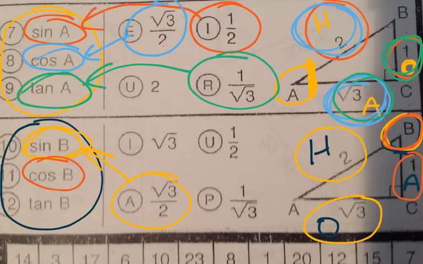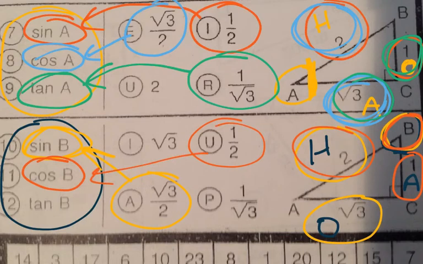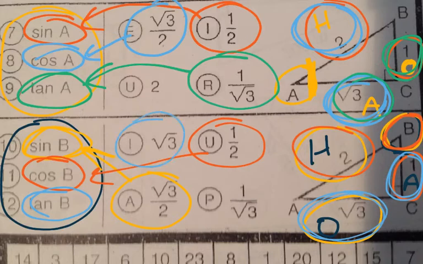It means the adjacent over the hypotenuse, which is 1/2. And finally, follow the blue again. The tangent of B, what does that mean? Tangent means the opposite over the adjacent. Square root of 3 over 1 is square root of 3. So again, pause the video if you need to.